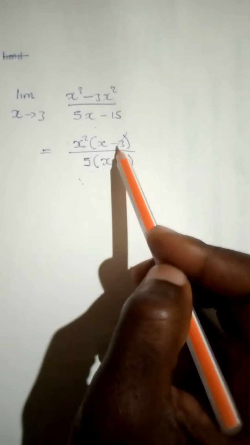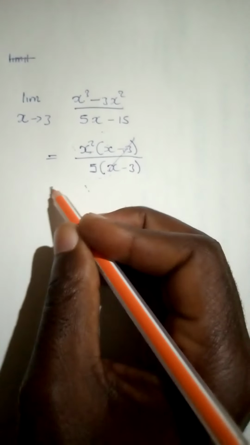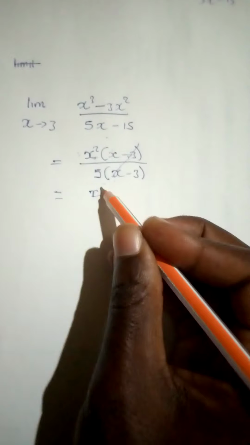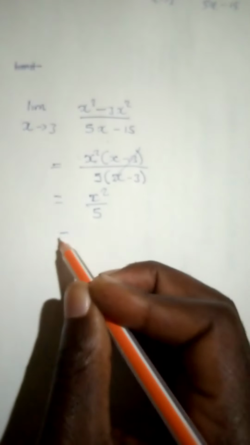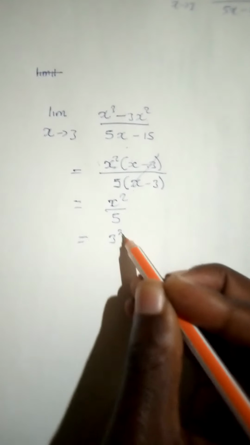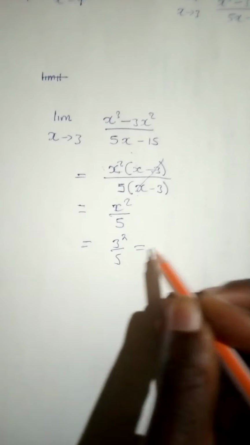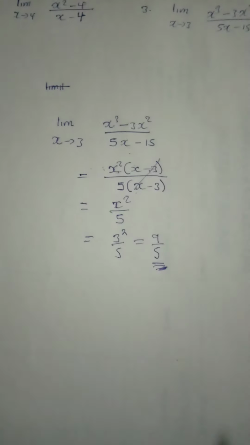So x minus 3 can cancel out. We are going to remain with x squared over 5, and now we can apply our limit where we put 3 where there is x. 3 squared is 9, and this gives us 9 over 5. So this is our limit.